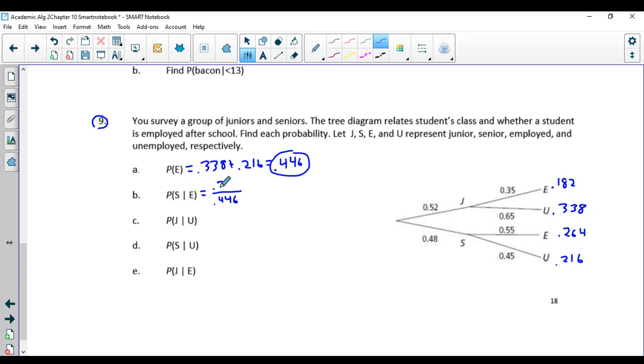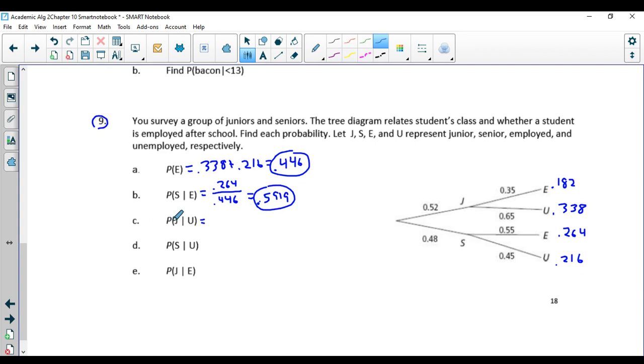So we're going to be doing 0.264 divided by 0.446. So that would be 0.5919 or 59%. So if we know someone's employed, then 59% of the employed students are seniors. If we just looked at the employed students in the junior and senior class, 59% of them are seniors.